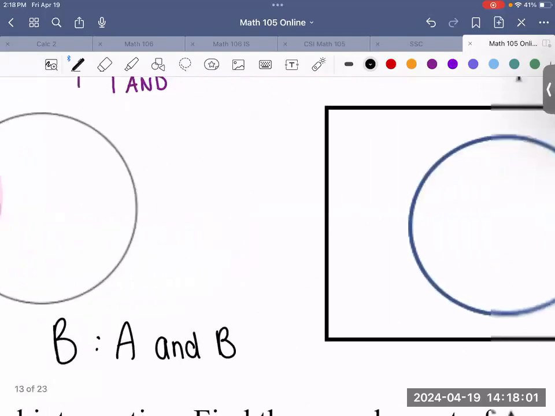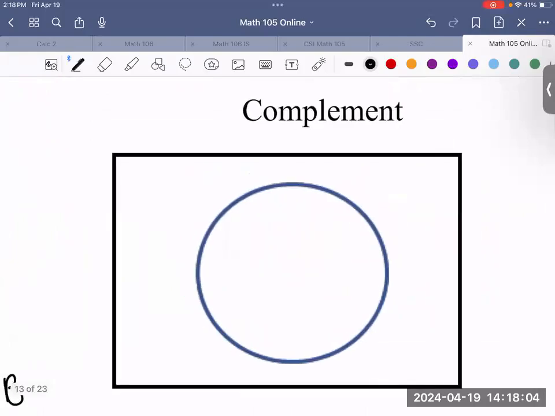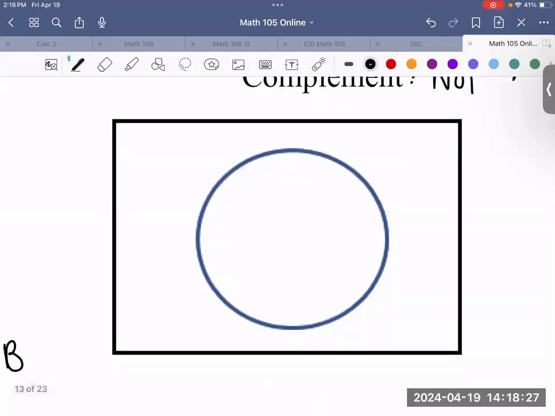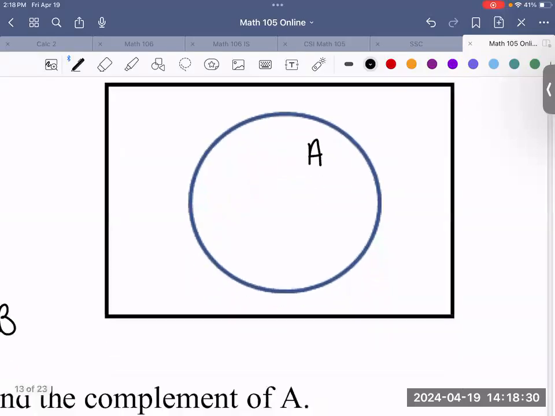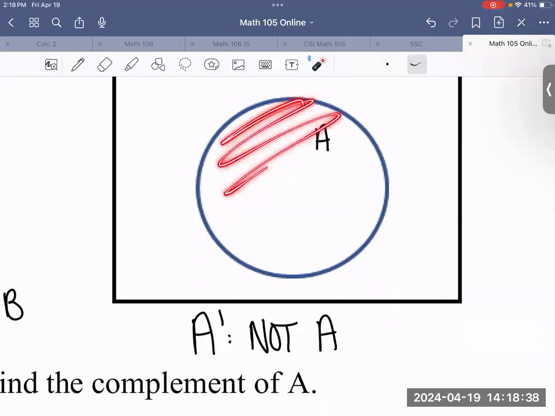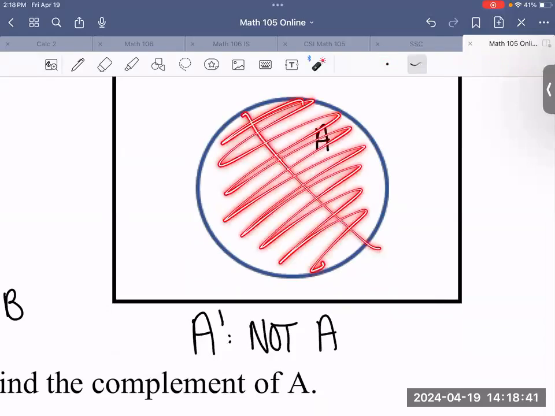Now there's one more that we're going to discuss. It's called the complement. This is called not. So this actually can look like a little prime, or sometimes in English an apostrophe sign kind of looks like it. But the complement is not that value. So if this is A, and we're trying to find the complement of A, not A, well, if we had shaded A, we don't want this region.